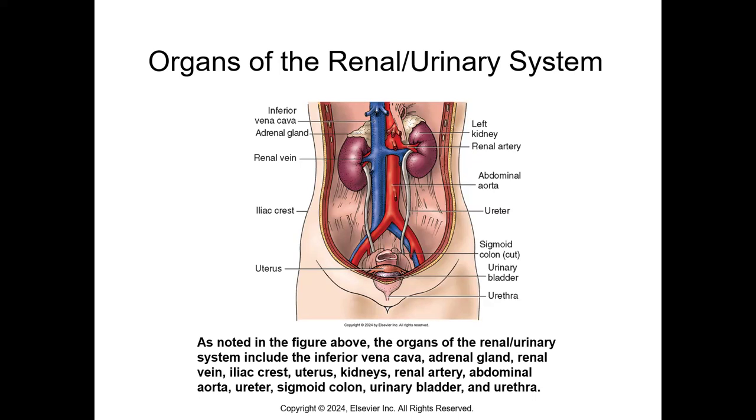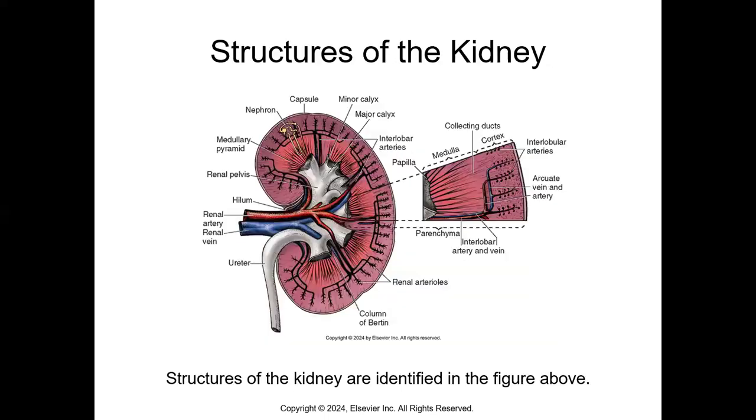Then it travels to the stomach to open up the doors to allow calcium to be absorbed from the foods that you eat. The kidneys also produce erythropoietin. Erythropoietin, we talked about it during hematology. Erythropoietin is one of the chemicals that makes the red blood cells.